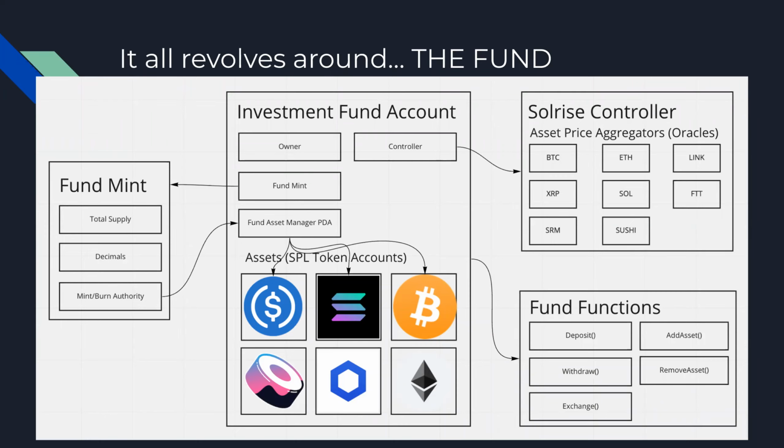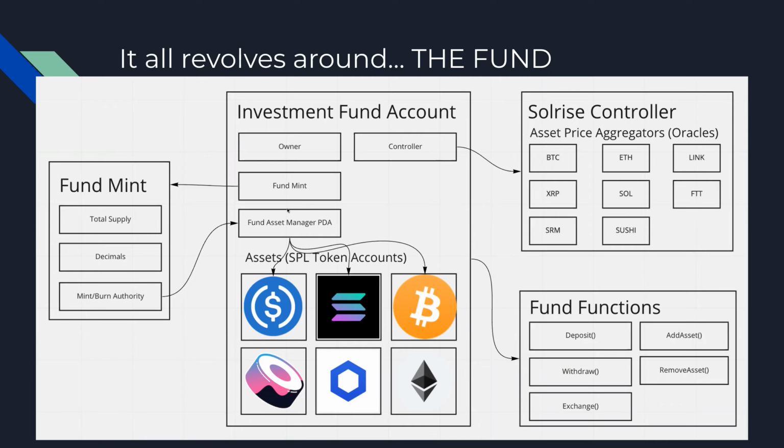The whole Solrise system revolves around the concept of a fund, an investment fund. An investment fund is basically an account that gets initialized by the Solrise program. It has the owner of the fund and the fund mint. The fund mint is a new SPL token that represents shares of the given fund.